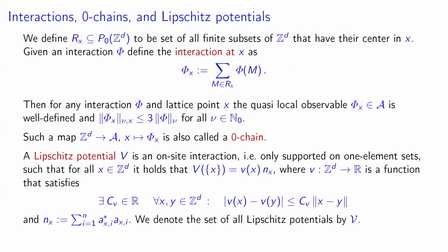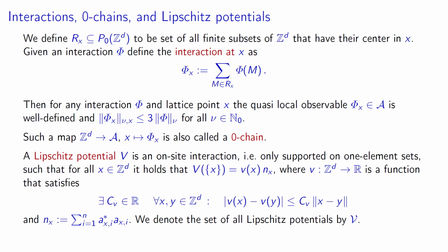So we introduce another concept, so-called Lipschitz potentials. One can think of them as interactions that are supported only on single sites, that don't couple different sites. So they are of the form that for a single site, they are a multiple of the number operator on that site. But this function, this multiple here, can grow linearly.